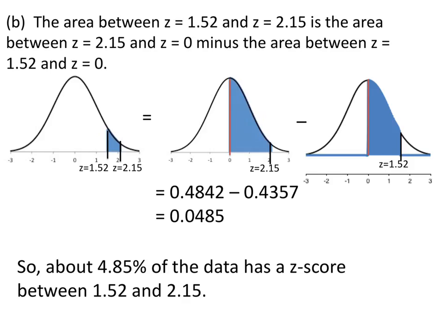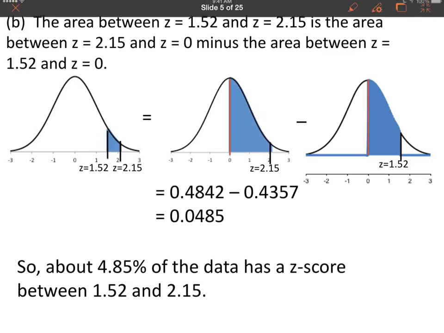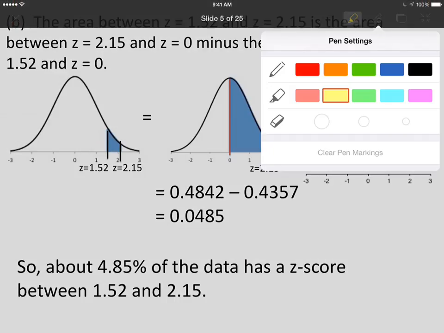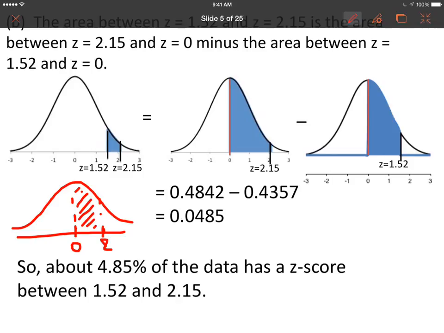Okay, so the next one that we wanted was the area between z equals 1.52 and 2.15. Okay. Now, the table only gives us areas between a z-score and 0. So I want to think about how I could convert the area that I want into areas that I know how to find from the table.